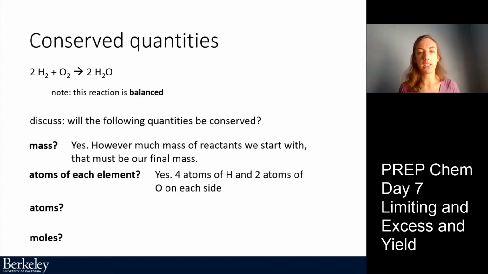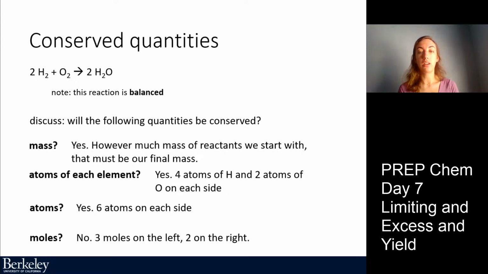Another explanation for that is that we're not doing any nuclear reactions, so there's nowhere for an atom of oxygen to go or a way for it to appear out of nowhere. So all that's happening is bonds and electrons are being rearranged, but the identity of my atoms is not changing. And so that means that if the number of atoms of each individual element is not changing, then the total number of atoms also can't change.